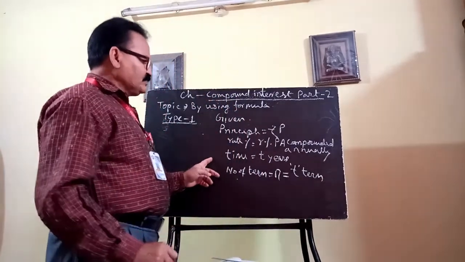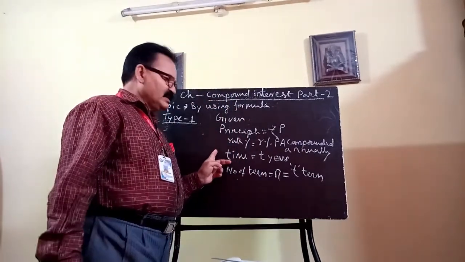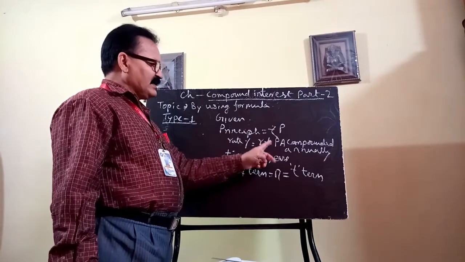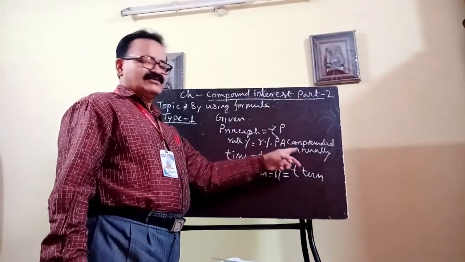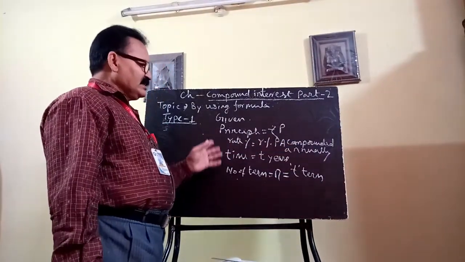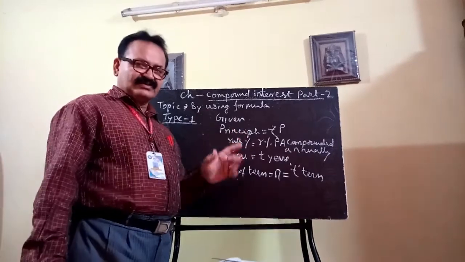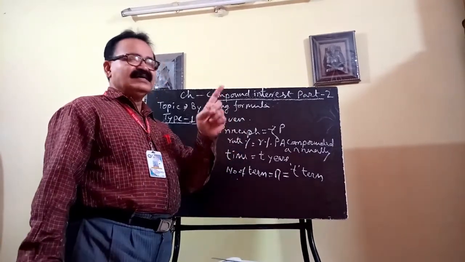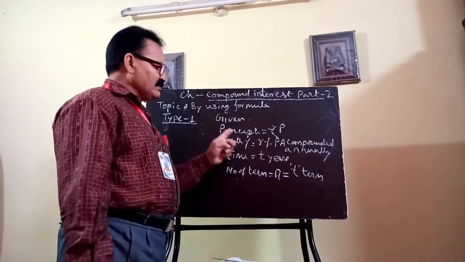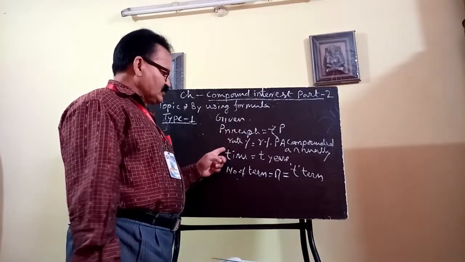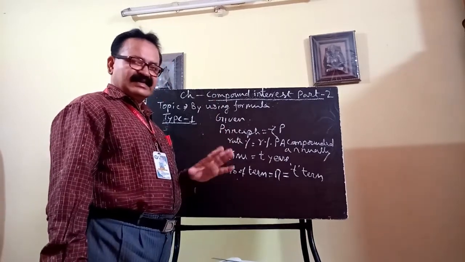In case of the rate percent per annum given compounded annually, interest is to be calculated after the end of the year. After the completion of the year, interest will be calculated. Clear?